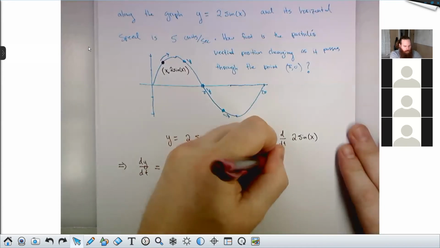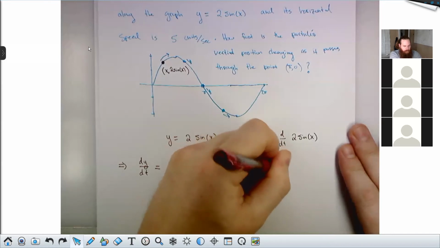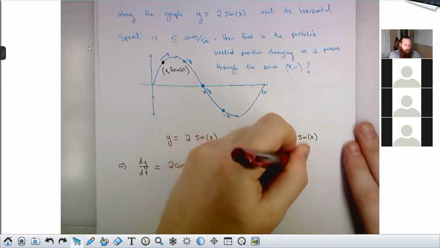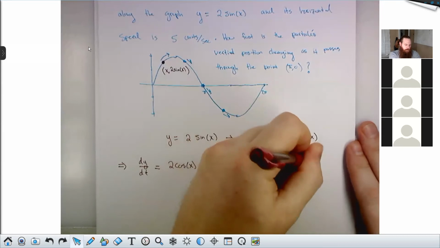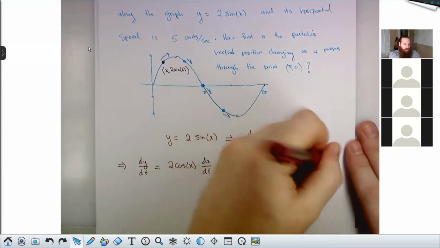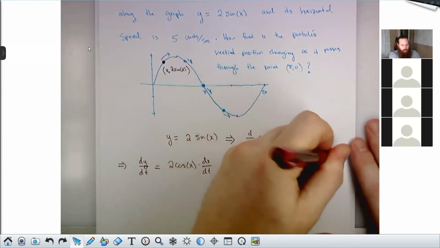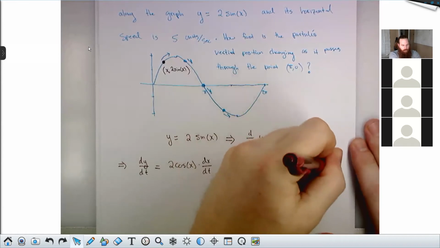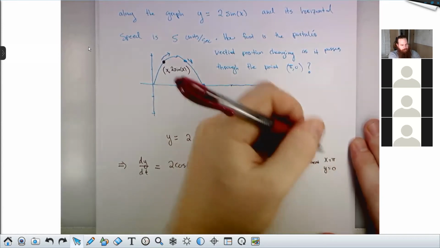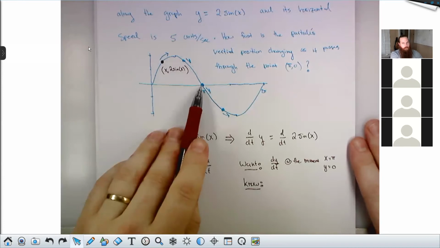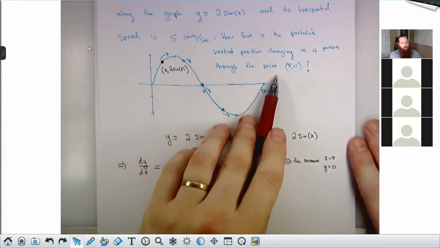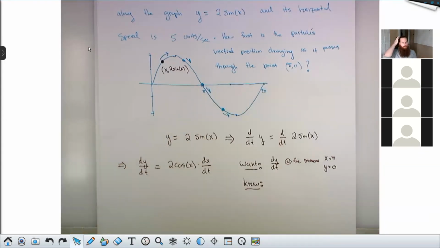Good, I want dy/dt at the moment when x is equal to pi and y is equal to 0, because that's this point, this moment. Turns out I don't need the y equals 0 part, but the x equals pi part I will need.